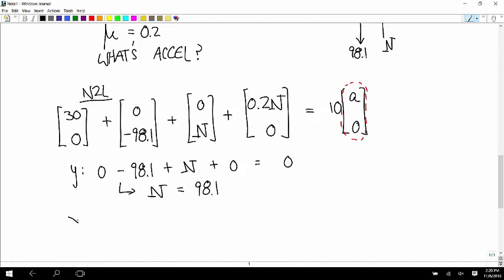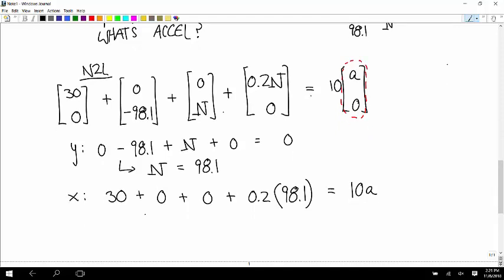And now we're going to plug that into the x equation. The x equation says 30 plus 0 plus 0 plus 0.2 times 98.1 is equal to 10a. And so that says 49.62 is equal to 10a.